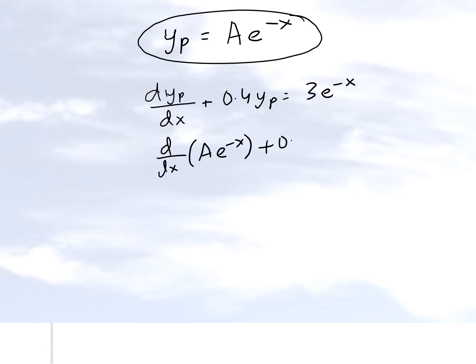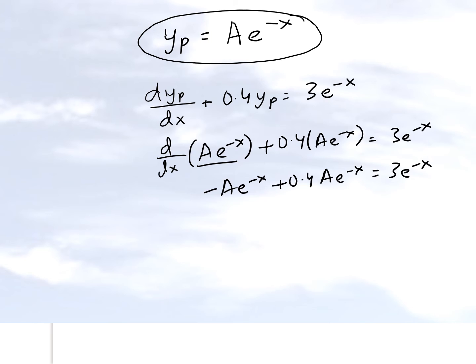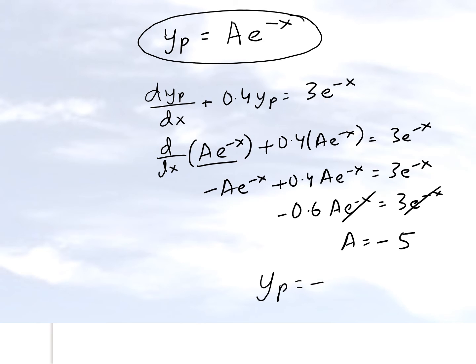The derivative of this is minus a e to the power minus x, and you get this quantity right here, and this will be 0.6 a e to the power minus x, and this here gives you a equal to minus 5. What this means is that the particular part of the solution is nothing but minus 5 e to the power minus x. So you have found the particular part of the solution.